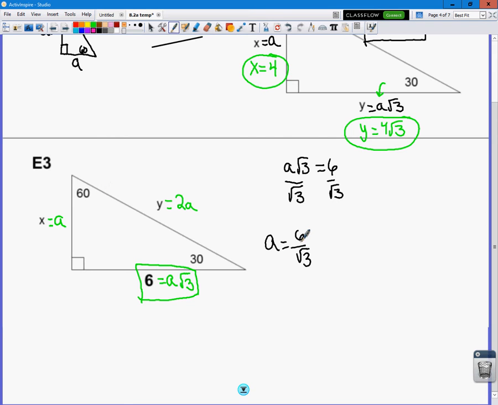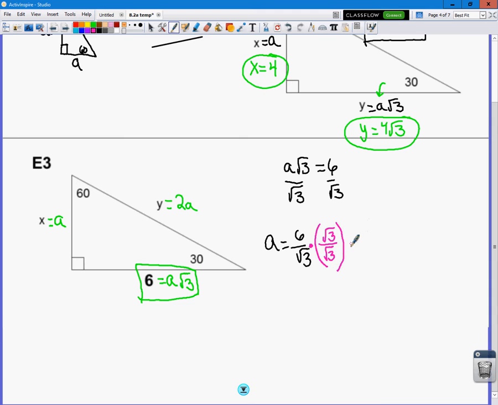So I want to find a 1 that I can multiply this by that'll change its appearance but won't change its value. Because the square root of 3 is in the denominator, I want to multiply by the square root of 3 divided by the square root of 3. This has a value of 1, so I'm not changing the value, I'm changing an appearance.